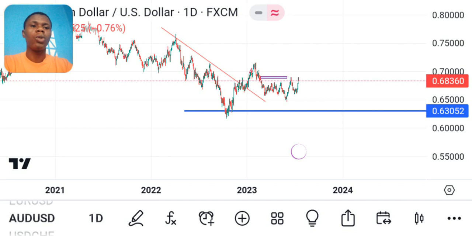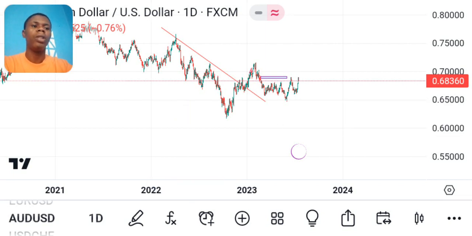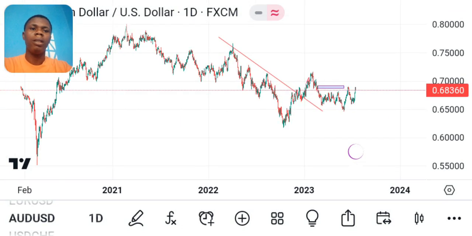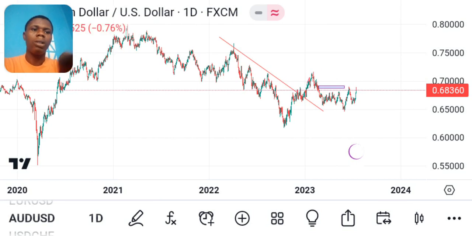So AUD is on a retracement move back to its initial trend move. I think this market is coming back here, because this zone here came to mitigate this position here. So they're going backwards up. That's the first one we need to put in check.